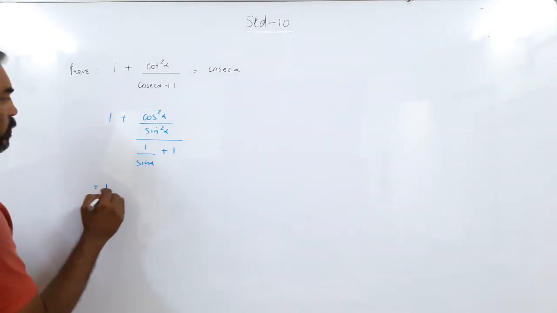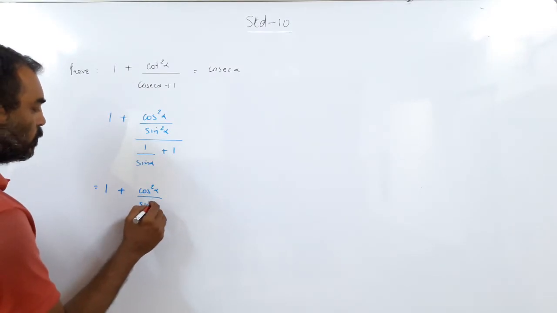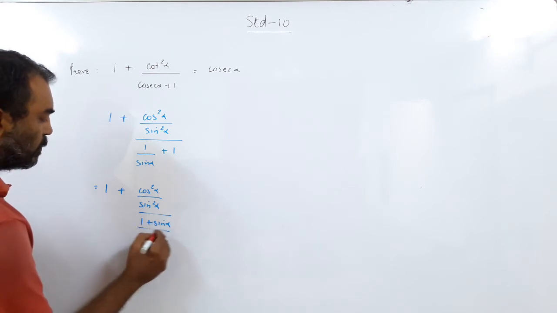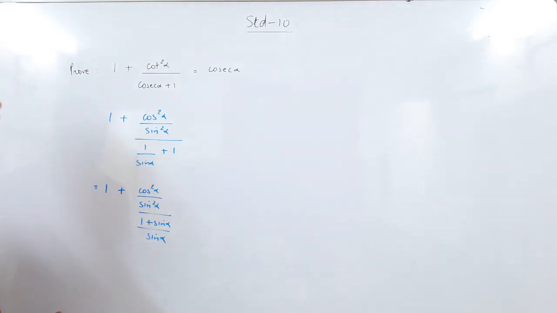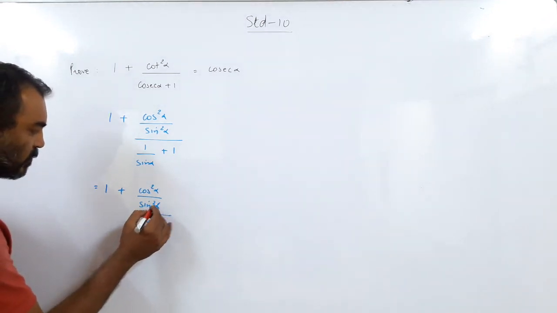What do I get here? (1 plus cos square alpha) upon sine square alpha, upon (1 plus sine alpha) upon sine alpha. LCM: this sine alpha, one sine alpha gets cut.